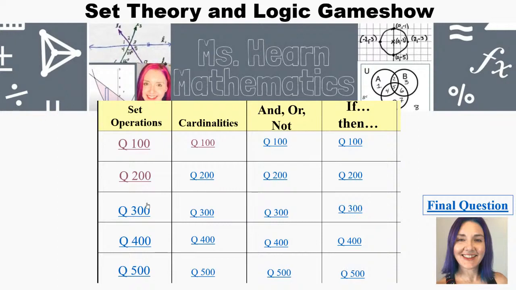In between the curvy brackets, that's where you see the elements, and there was only 1 listed. The number was 0, which is what makes it tricky. Okay, let's look at cardinalities for 200. Again, cardinality is the number of elements in a set.